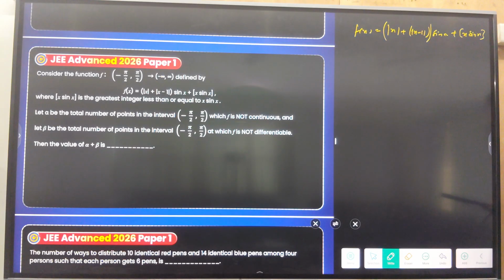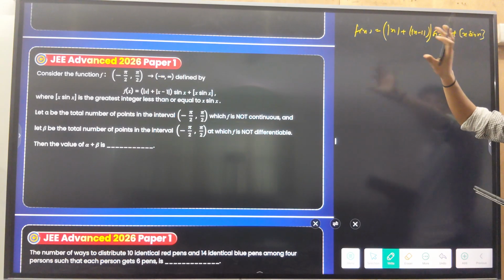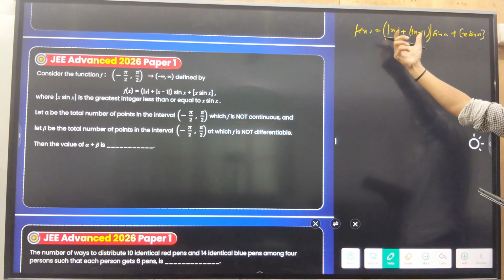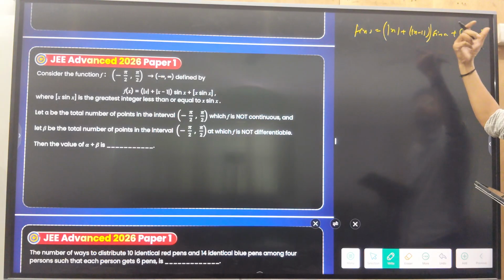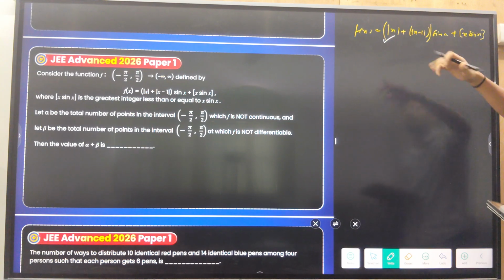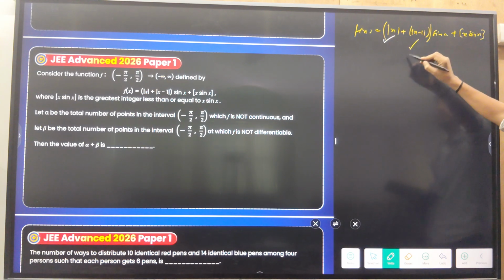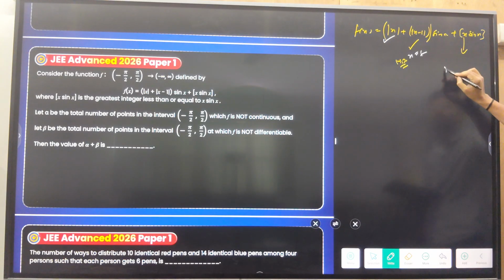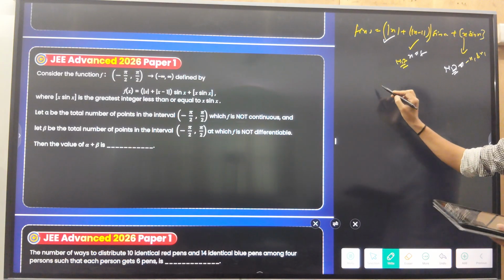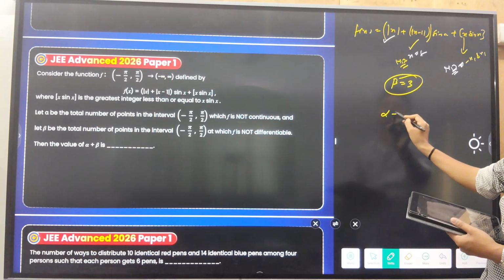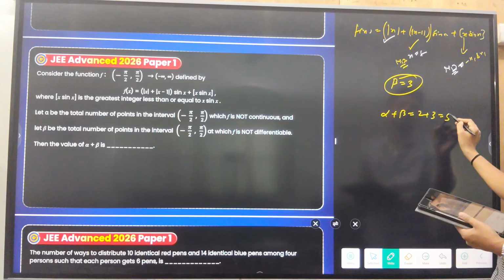If we break this function, we can say that mod x is non-differentiable at x equal to 0, but when we multiply with sin x, it becomes differentiable at x equal to 0. Mod x minus 1 is non-differentiable at x equal to 1. And box of x sin x is also non-differentiable at the 2 points where it is discontinuous. So the total number of non-differentiable points is 3. So alpha plus beta is 2 plus 3 equal to 5.